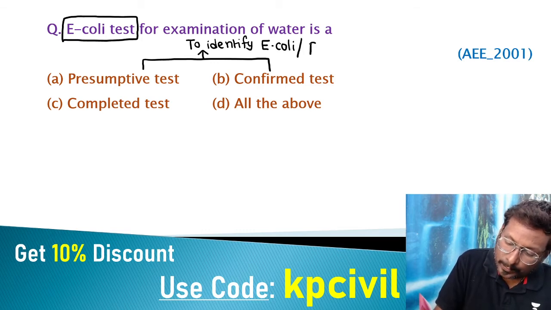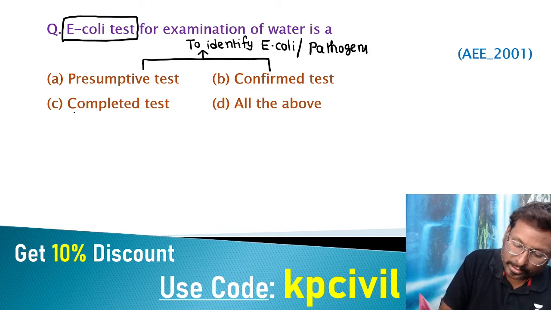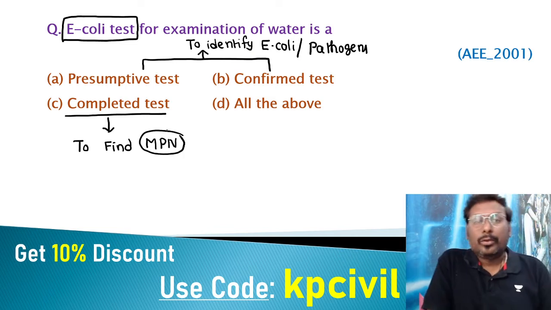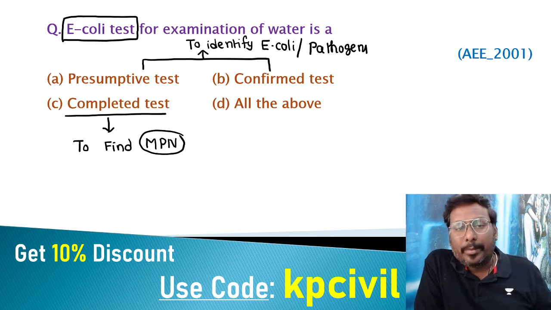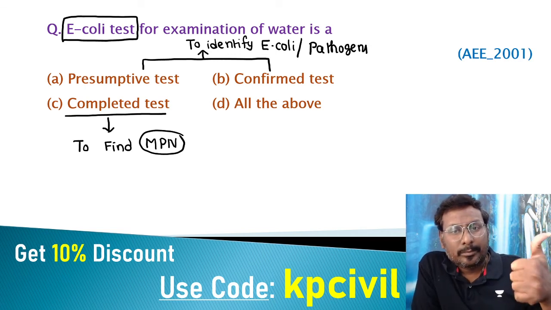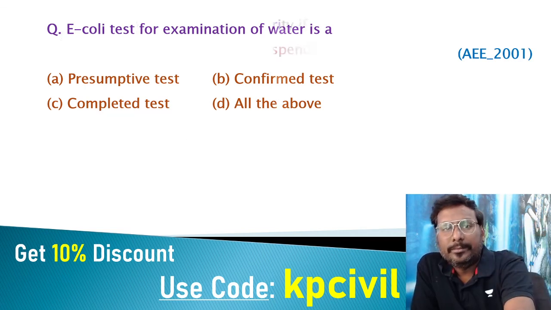When E. coli is present, you are confirming pathogens. The completed test is carried out to find the most probable number, the MPN value. All 3 are included in E. coli testing: presumptive, confirmative and completed.